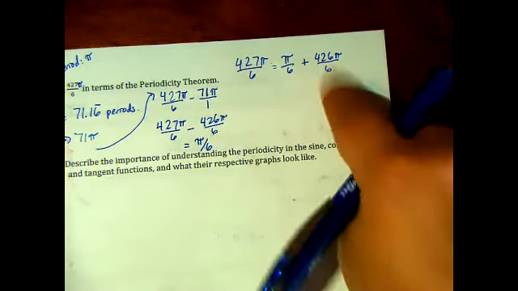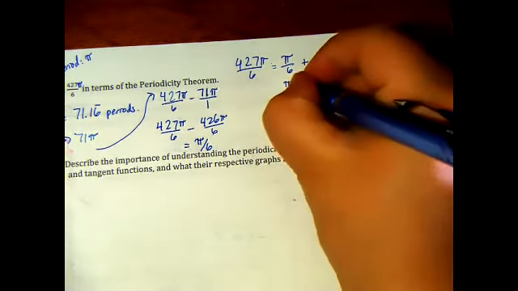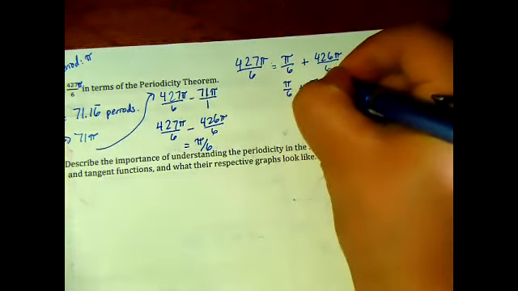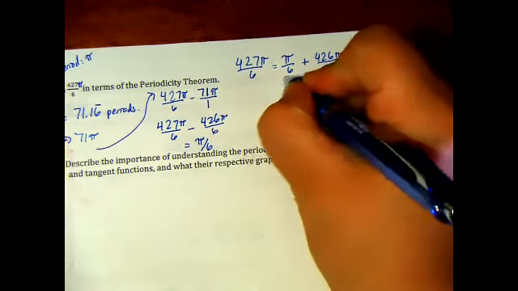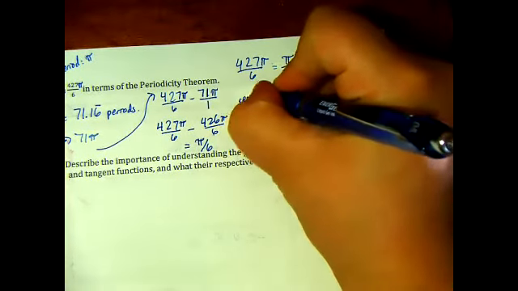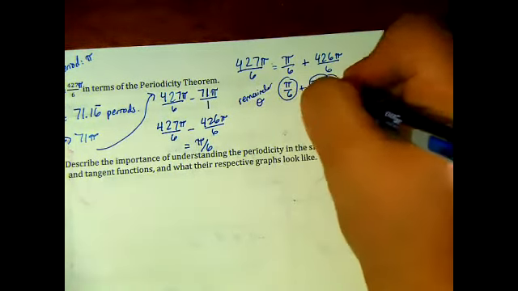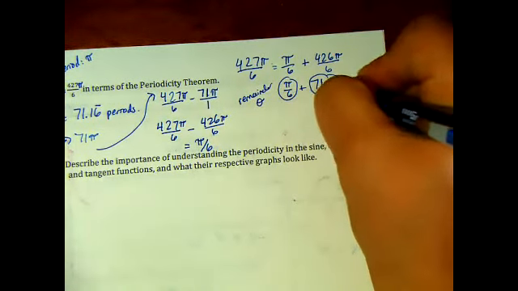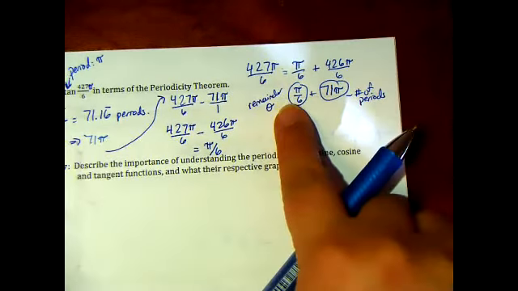But that's nasty looking, so instead I'm going to write it as pi over 6 plus 71 pi. This is the remainder, our theta, and this is the number of periods that we have after pi over 6.